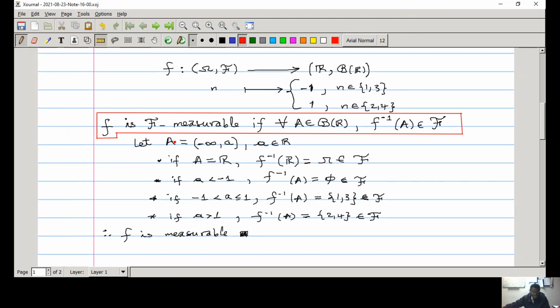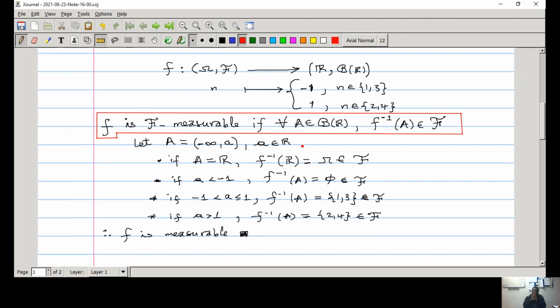You can see I just used A equal to the open interval from negative infinity to A, where A is an element of R. And I use that as a basis or a representative of the Borel sigma algebra, because that element generates the Borel sigma algebra on R. And it's not the only one.